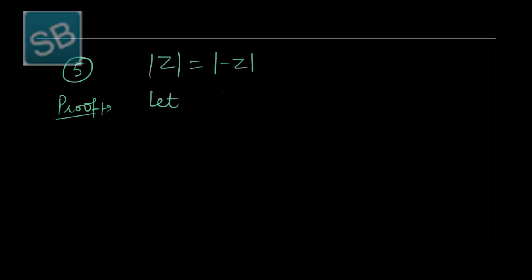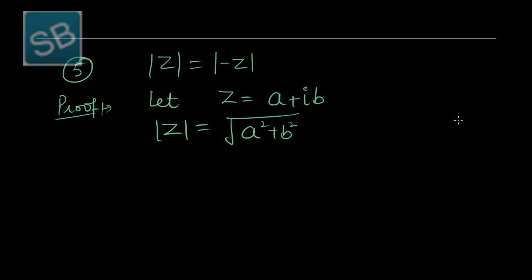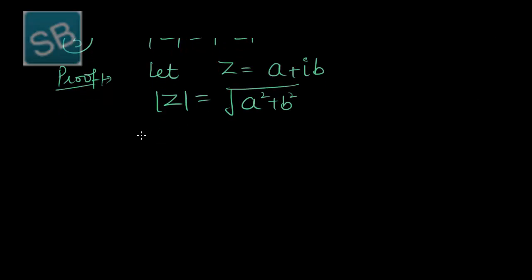Now the next property, that is number 5, is mod z is equal to modulus of minus z. So that is a very simple part. Let z is equal to a plus ib. Then what about its modulus? That is under root a square plus b square. So now we take minus z, that is minus of a plus ib.